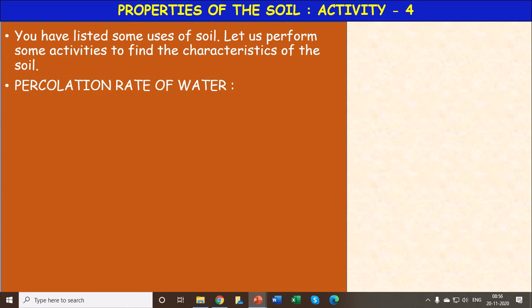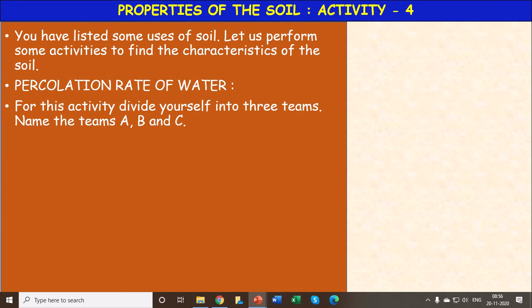Boju wondered why there was a difference in the absorption of water in the two squares. So now let us perform an activity to understand this concept: percolation of water.